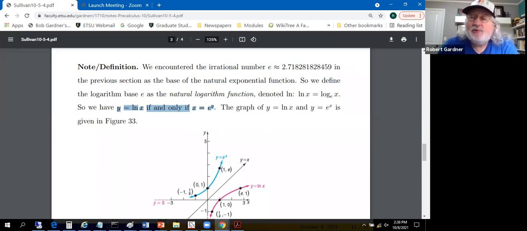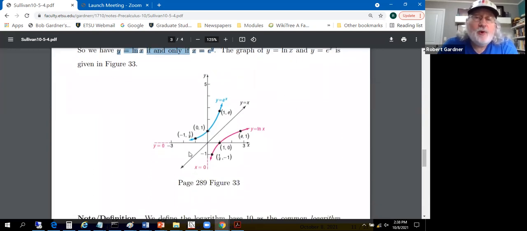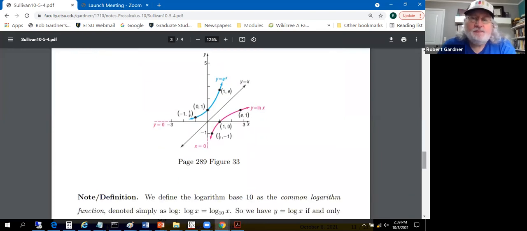The graph of the natural log and the exponential functions together is given here. We know what the exponential function looks like. It grows like crazy, approaches asymptotically the x-axis to the left. Reflect that about the line y equals x, and we'll get the now familiar shape of a log function. The natural log function looks something like this.